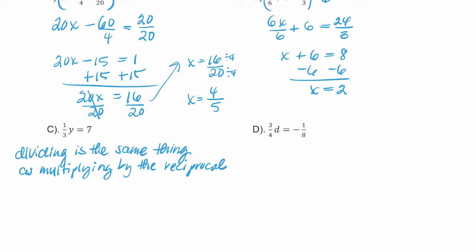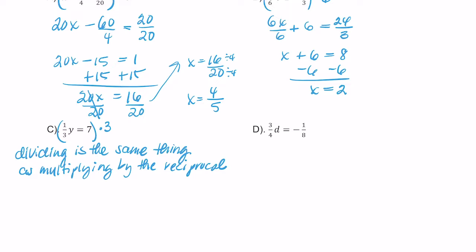Remember, a reciprocal is just a fraction flipped over. So the reciprocal of 1/3 is just 3/1. So I'm going to multiply both sides of the equation by the reciprocal of the fraction. The reciprocal of 1/3 is 3 over 1, or just 3.